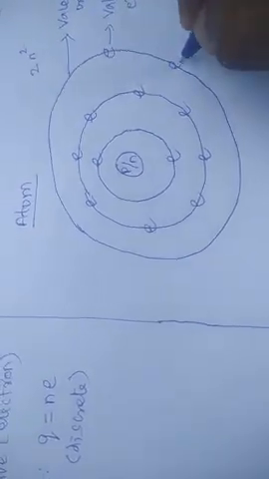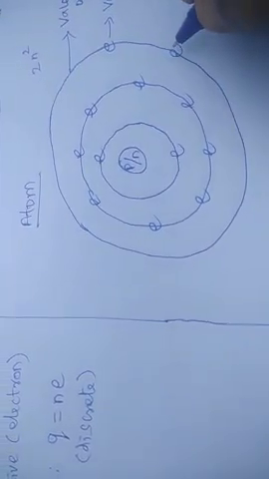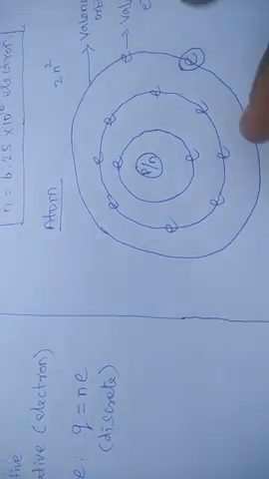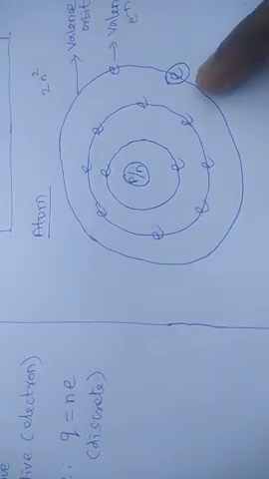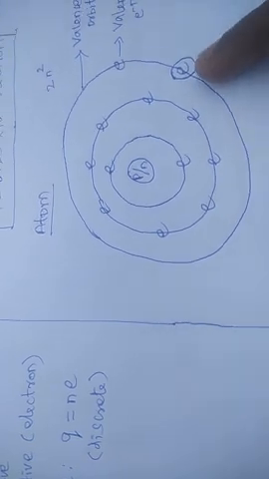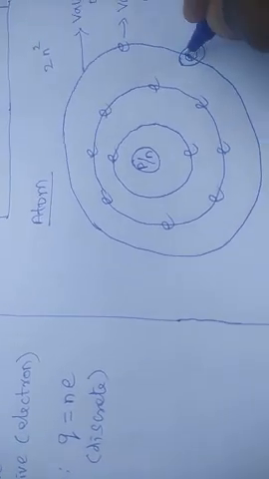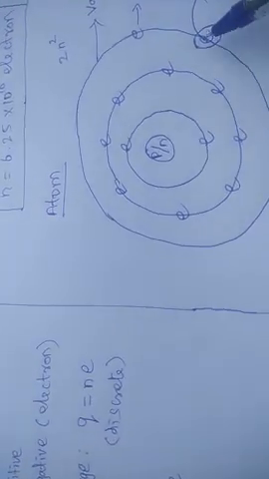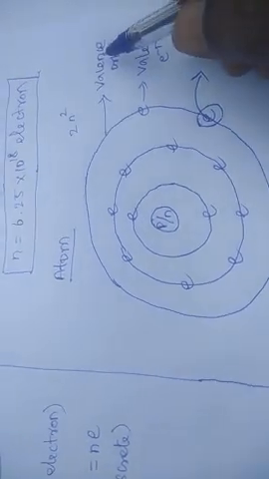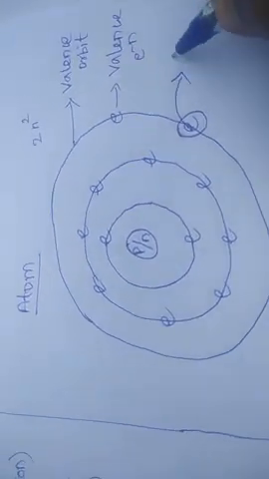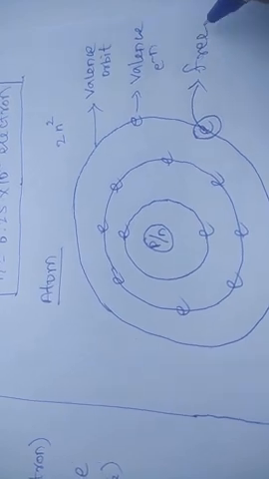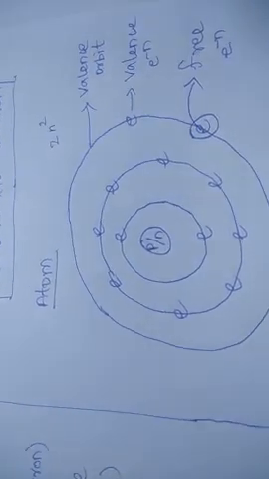The electron present in the outermost orbit can be ejected out by absorbing external energy. For metals, room temperature is sufficient to eject the electrons from the outermost orbit, that is the valence orbit. This electron is called a free electron.